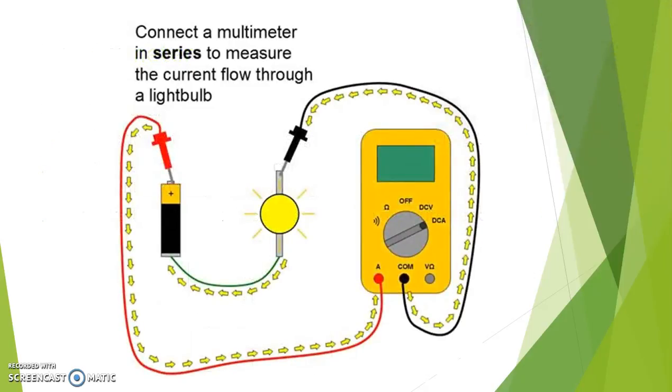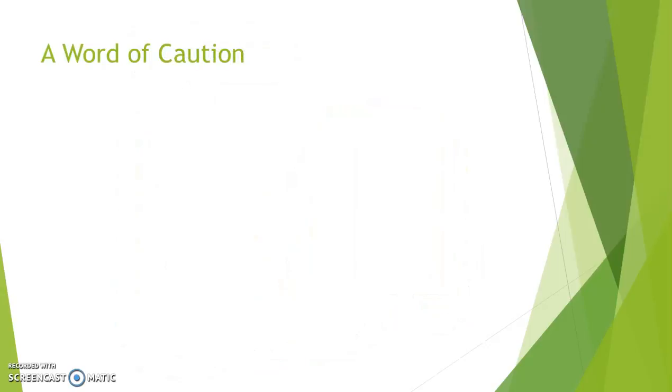Okay, and another way of looking at it is this. So we make the multimeter part of the circuit. We put the multimeter in series with the load. And the current runs through the multimeter and we get a measurement as it goes through.